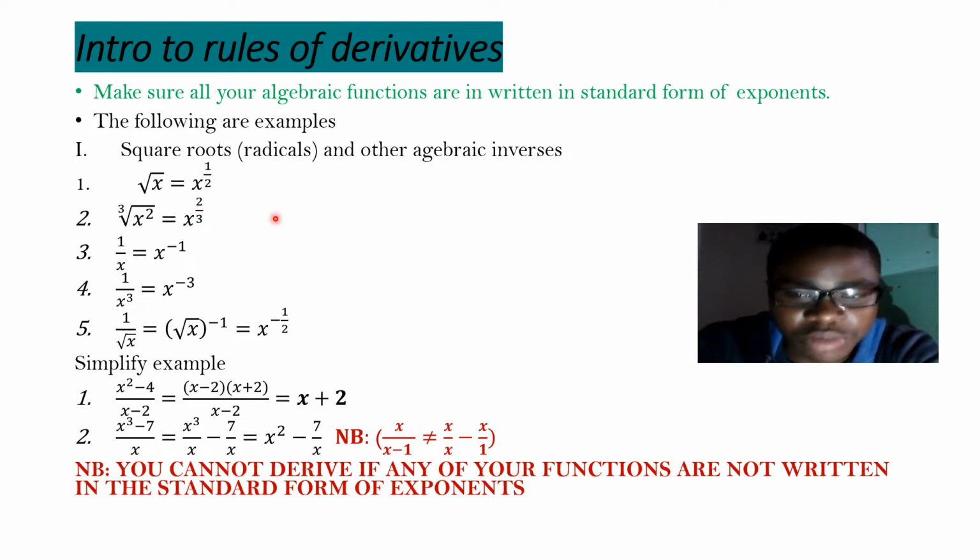Well, that is very important for one to know, and know that whenever you have to work with derivatives, you need to always convert your radical forms to exponent forms. And the other one is this one. It's very simple. From cube root of x squared, it will be 2 over 3 as an exponent. 1 over x is x to the exponent -1. 1 over x cubed is x to the exponent -3.